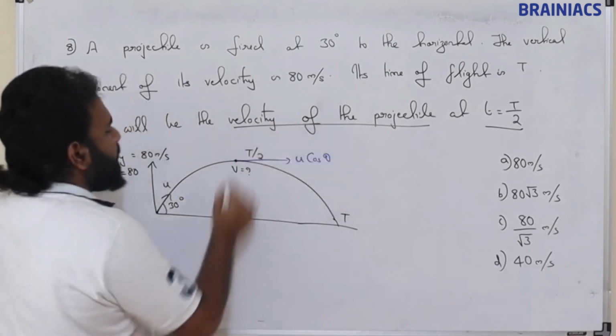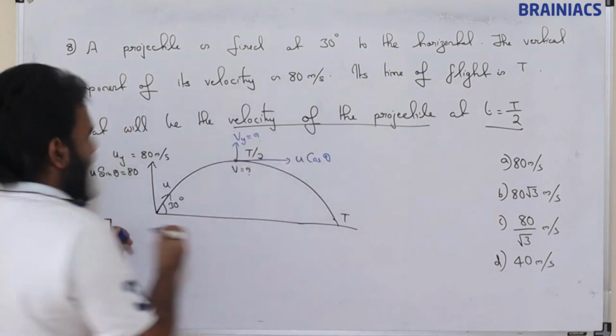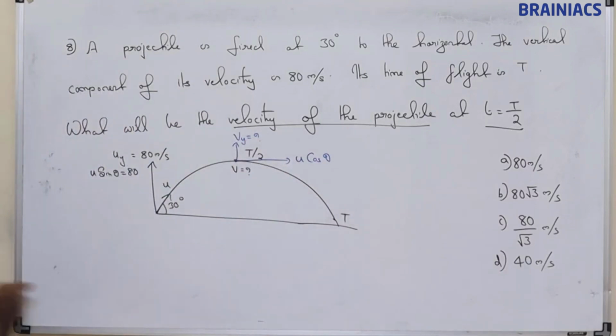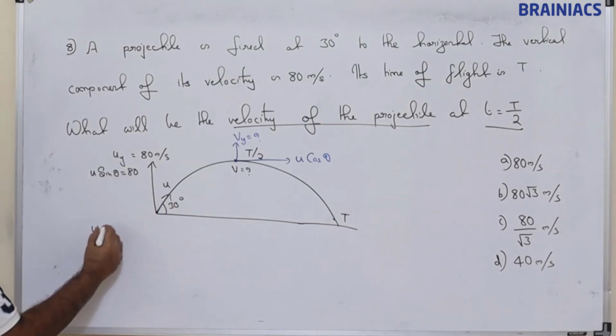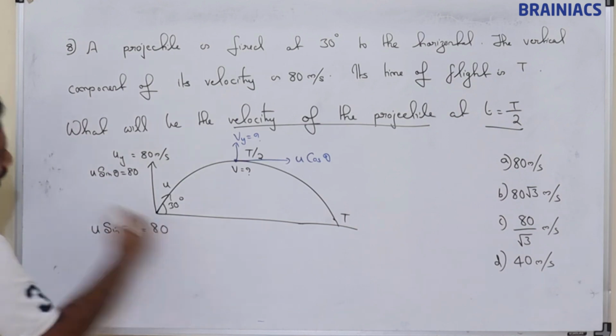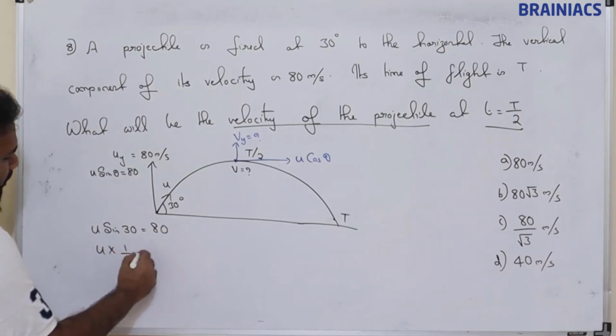So velocity at the maximum height is what actually? Vy at maximum height is 0. This is going to be u cos theta. Right. So 30 degrees is given. From here we will be able to find the initial velocity. So u sin 30 is equal to 80. Sin 30 is 1 by 2.